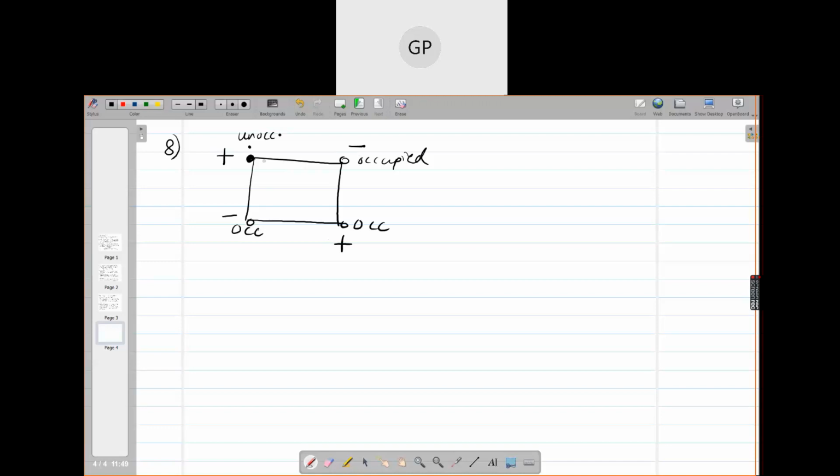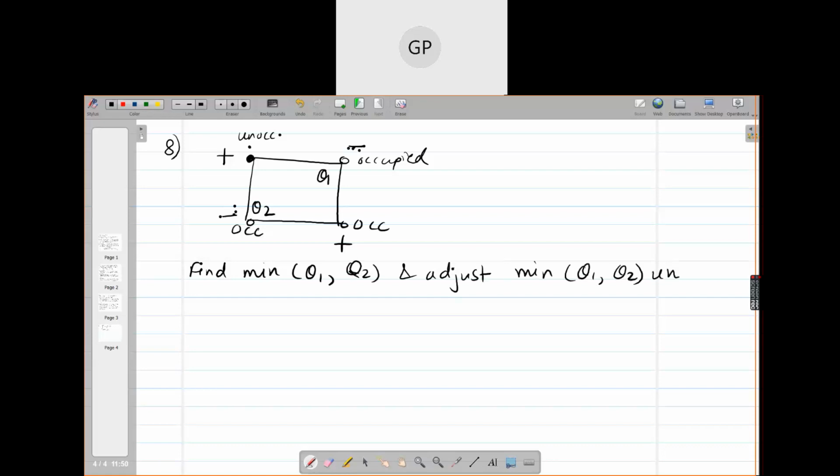Yes. And then what you do, you choose the cells which have negative signs. That means you have to take out the units. So suppose here there are theta 1 units, here theta 2 units. So find the minimum of theta 1, theta 2 and adjust this number, adjust the minimum of theta 1, theta 2 units in all the cells in the loop.